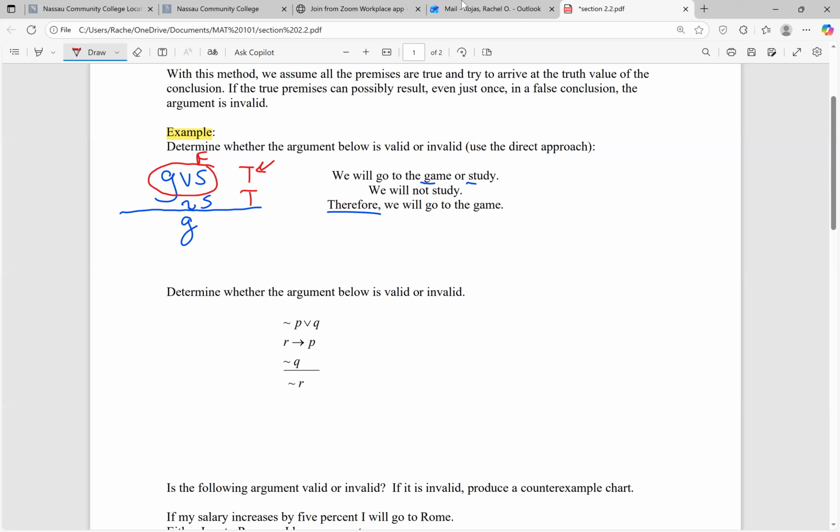That would make G true. G would have to be true. My conclusion is also G, so this G is also true. It's the same G. So look what we just figured: when both our premises are true, the conclusion has to be true as well. Therefore, our argument is valid, since true premises are leading to a true conclusion.